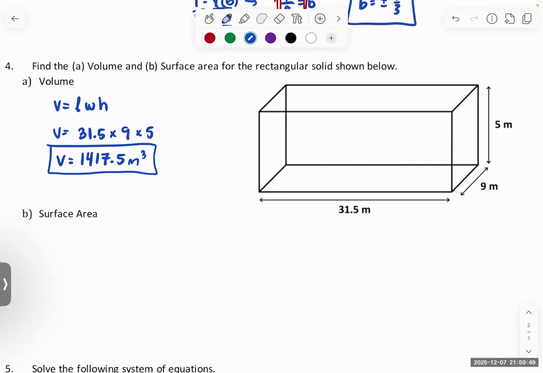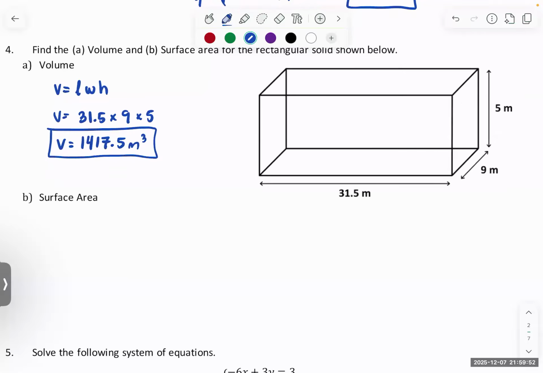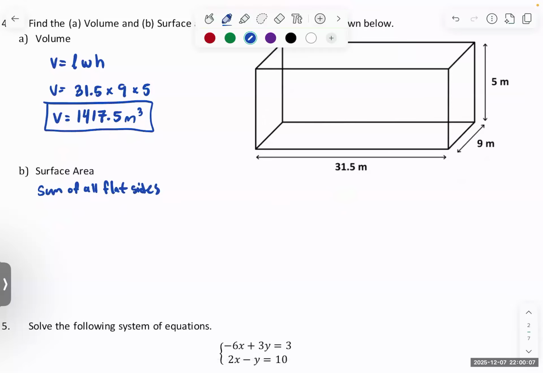Surface area. Surface area is just the sum of all flat sides. Now, there's a formula for this, but instead of having to memorize formulas, let's just use common sense here. This entire 3D image is composed of two rectangle-ish thingies. No, not a square. Is composed of something like this, two of them.